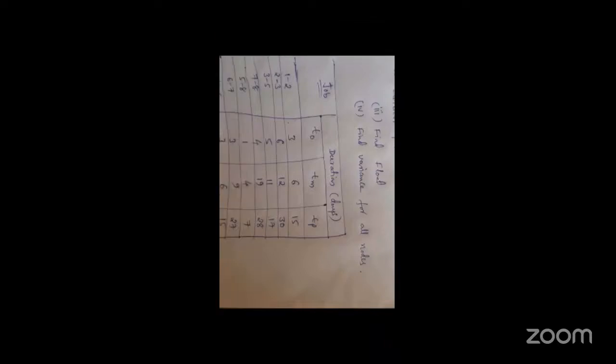For these durations, we have 3 different types: optimistic time TO, most likely time TM, and pessimistic time TP. For finishing the 1 to 2 activity, he is giving the 3 different times. Optimistic means the least time, within 3 minutes we will finish.